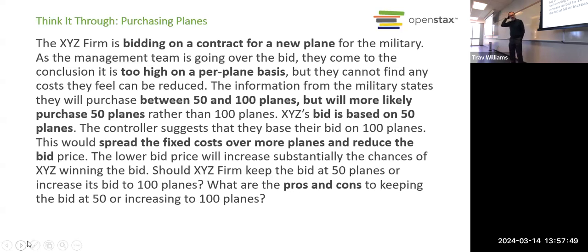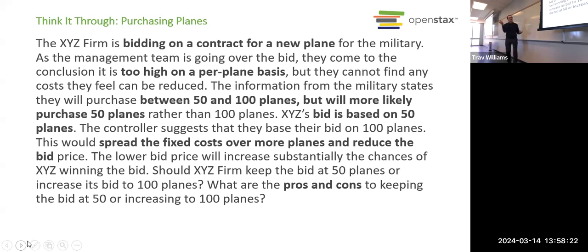So this one's interesting. Imagine your company's bidding on this contract to sell planes to the military. Anytime you're bidding on a contract for government work, there's a very specific process. They will send out what's called a solicitation, or sometimes they'll call it a request for proposals. Basically, they're inviting companies to bid on whatever work this government entity needs done.